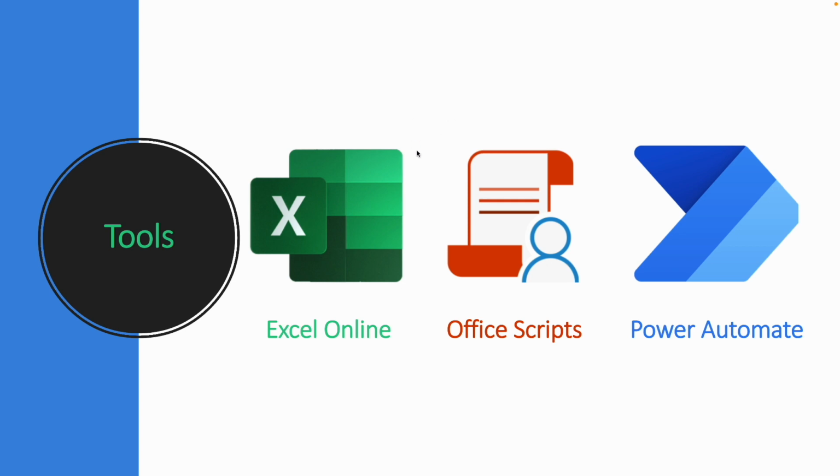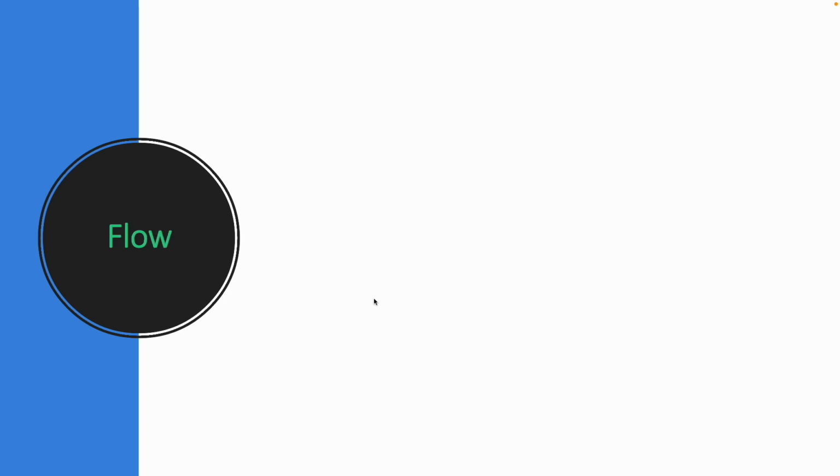With this new series, our main focus is on Office Script, okay? Also, I'm going to introduce you to how to use Power Automate a little bit, but it is not the main focus. For the basic flow, we need to use Power Automate to start our flow.